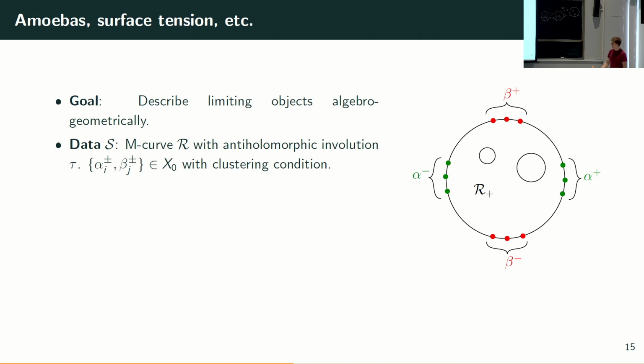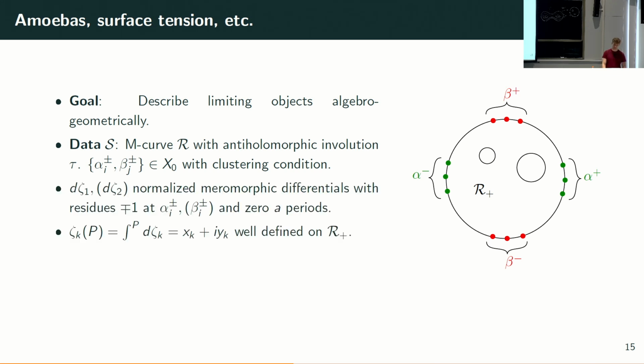So, we start again with this data. It's an M-curve along with chosen parameters that fulfill this clustering condition. Then the principal objects here are these two differentials. They're normalized meromorphic differentials, meaning they have purely imaginary periods.